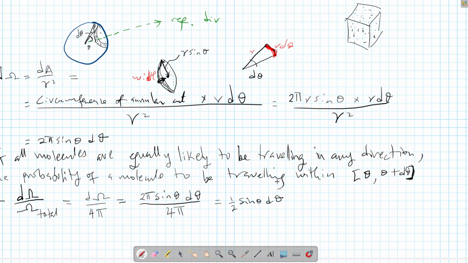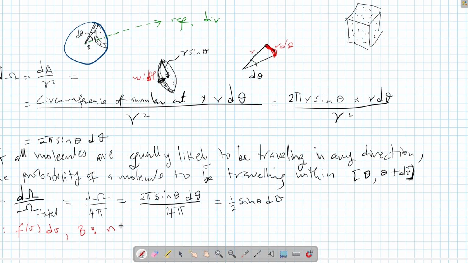Remember, point A is the probability of finding a molecule to be moving with speed values between v and v plus dv. Okay, and this is f(v) dv. f(v) is the Maxwell-Boltzmann distribution. And B is the average number density.